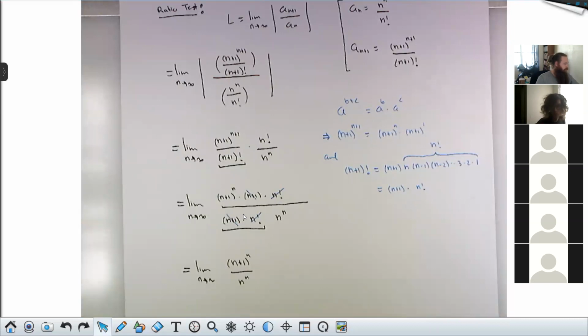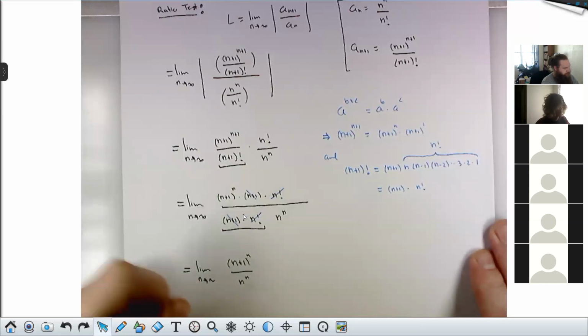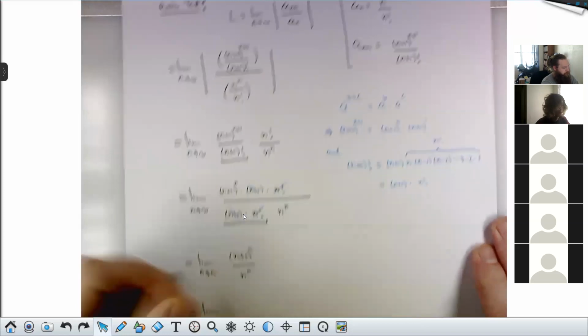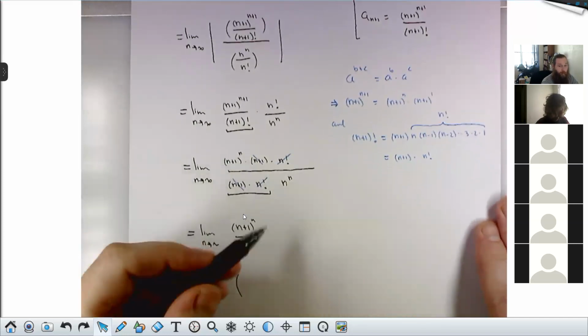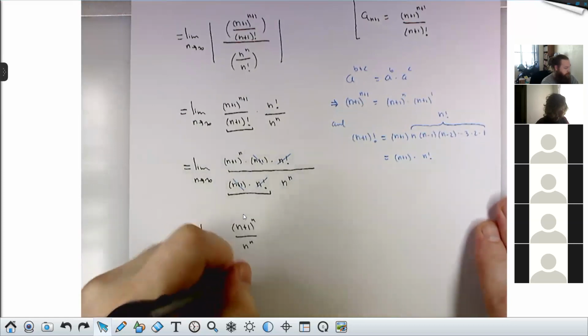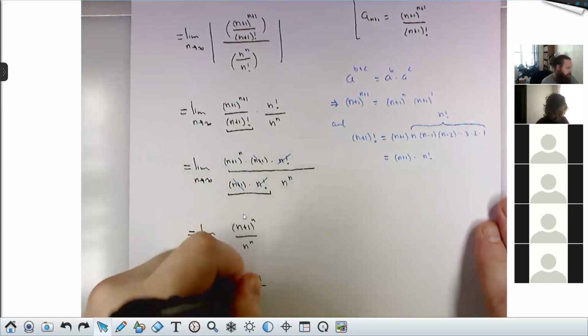Does anybody have an idea how I could approach this limit? Something with the e. So how do I get there? You're correct. Because of the identity, the power of n, you can take it out of the parentheses. Yes, that's perfect.